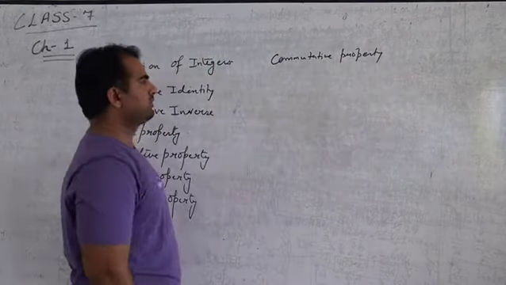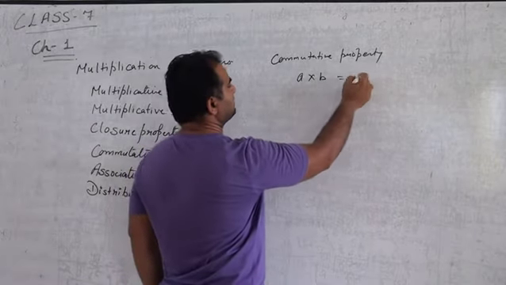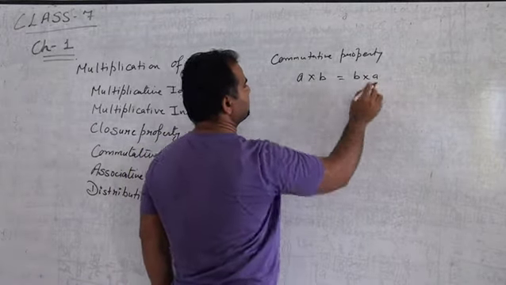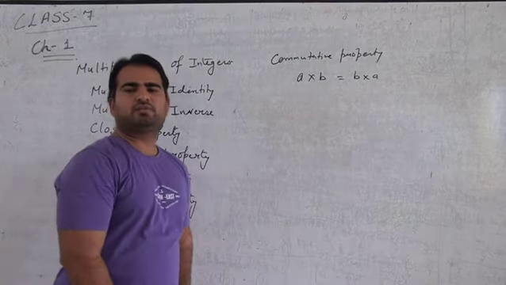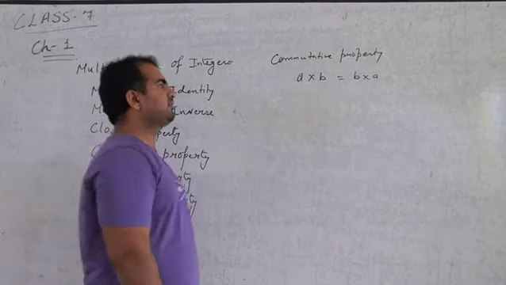If we multiply A into B, the answer will be equal to B into A.